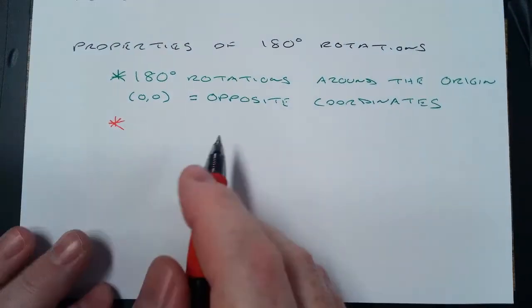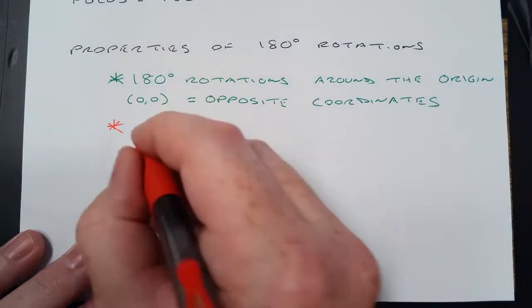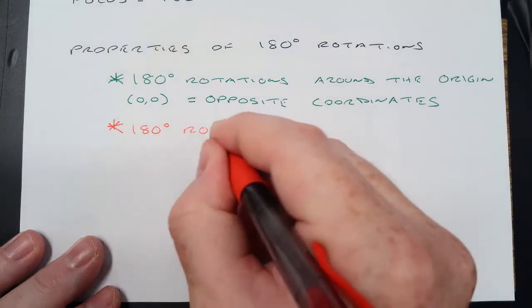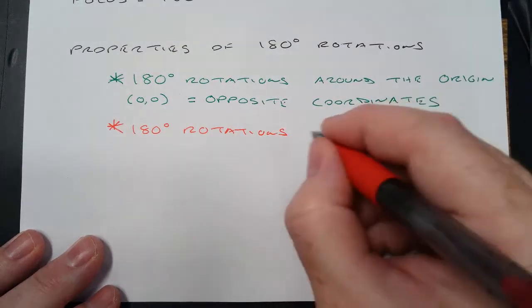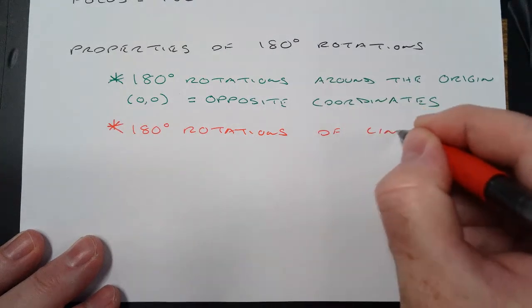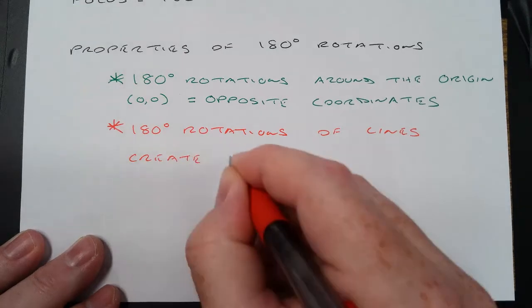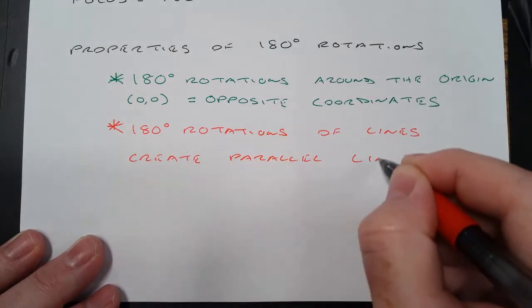The first property we found was that 180 degree rotations make opposite coordinates. We also explored and discovered that 180 degree rotations of lines create parallel lines.